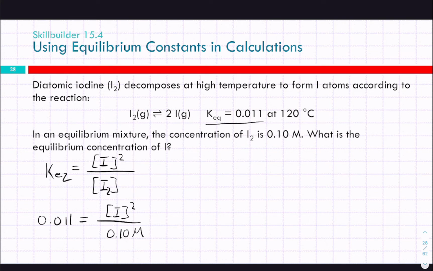If we multiply both sides by 0.10 molar, so 0.1 times 0.011, we'll get 0.0011 equals I squared.